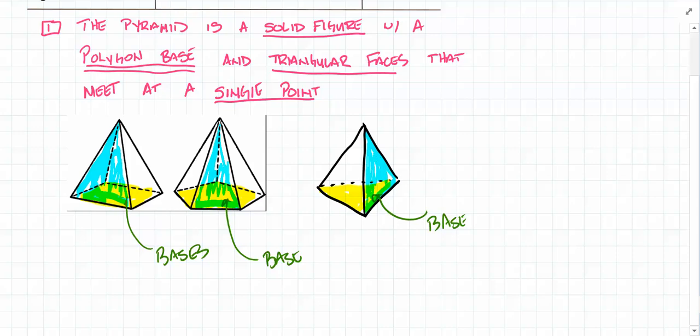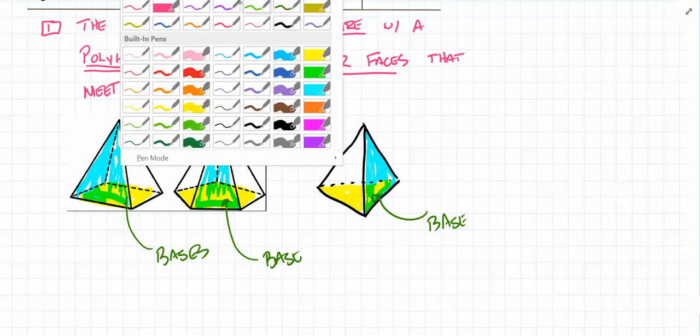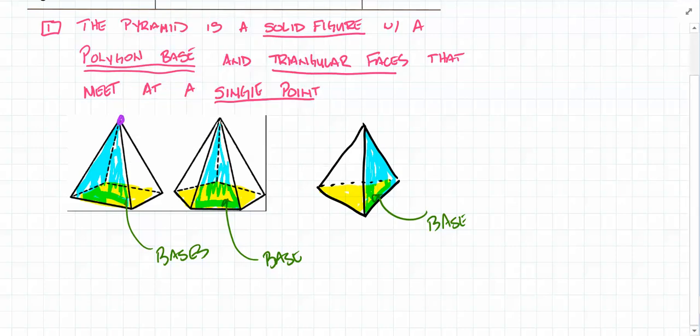That makes sense. And then they meet at a single point. This single point right here, this point over here, and this point over here has a very specific name. It starts with a V. Yep, you got it, the vertex. Where all the faces meet is called the vertex, and that's the single point we're talking about.